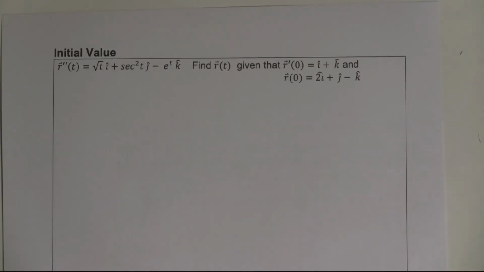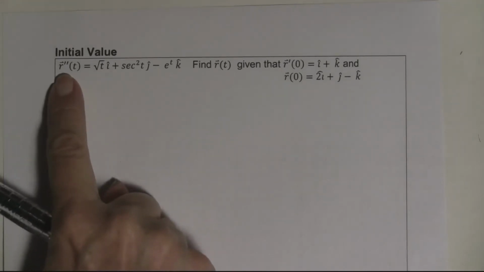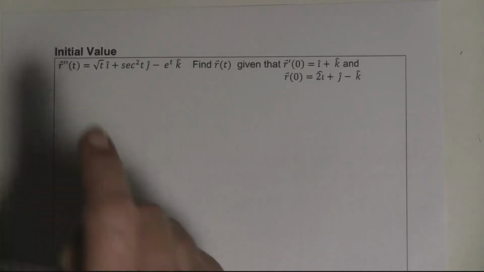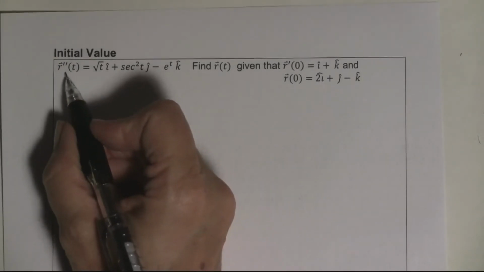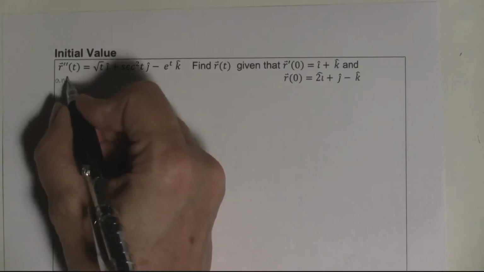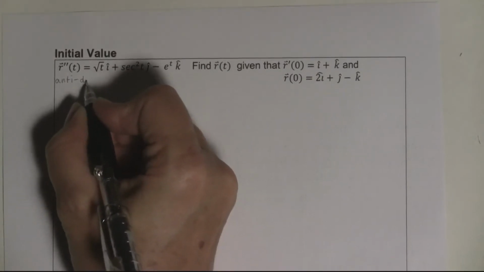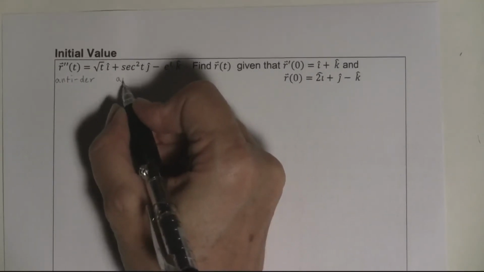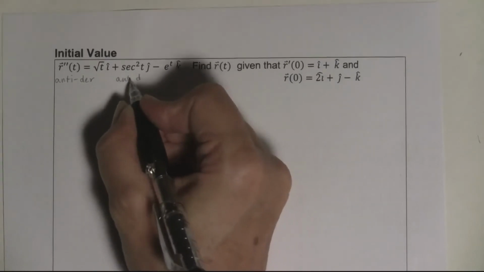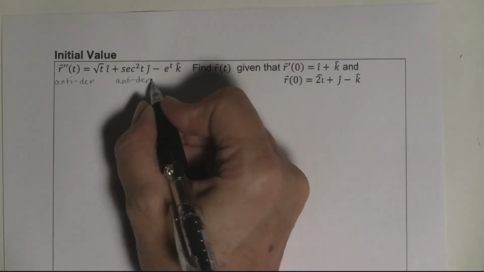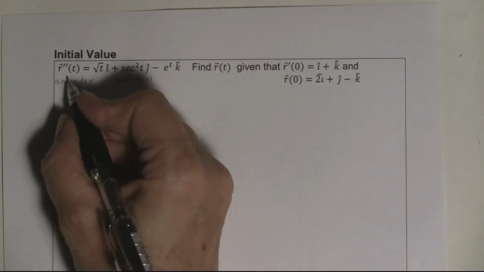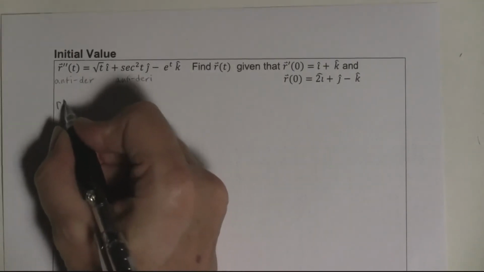Okay, so the first thing I'm going to do is take the antiderivative, or the integral, if you want to say, of the second derivative. So I literally am taking the antiderivative of this, and that's what I'm doing. When I take the antiderivative of this, I get back to the first derivative.